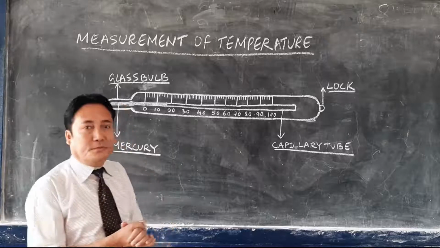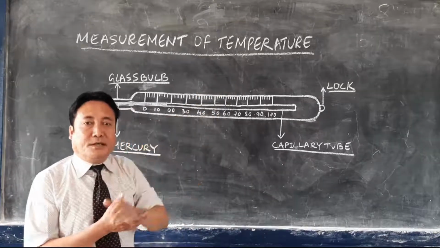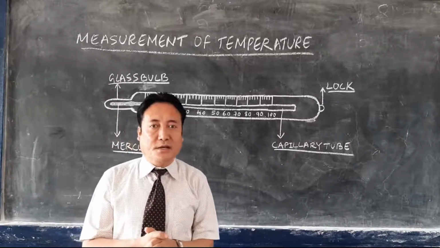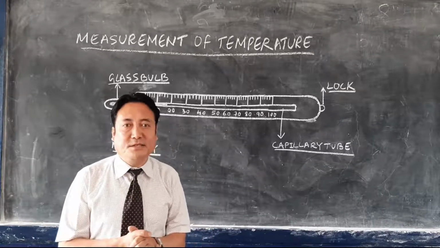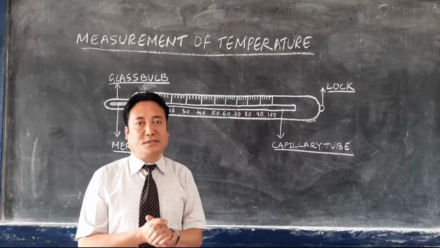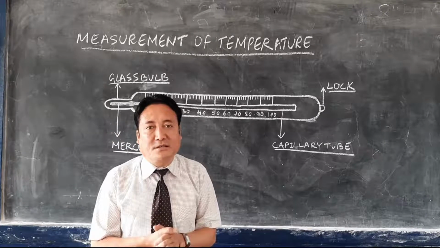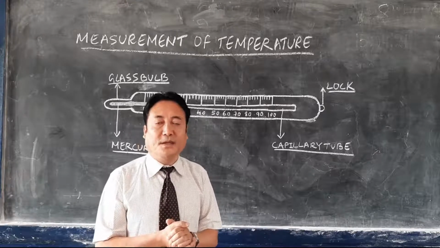Now when we come to the term temperature, when we define temperature, it is the degree of hotness or coldness of the body. The temperature is defined as hotness or coldness of the body, which means that a hotter body has a higher temperature, and a colder body has a lower temperature.